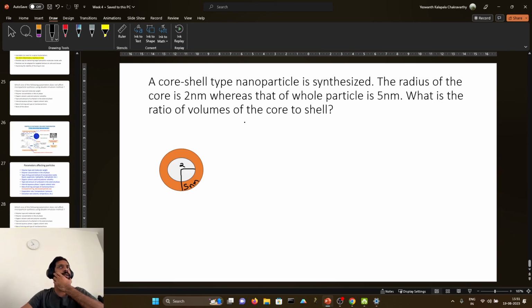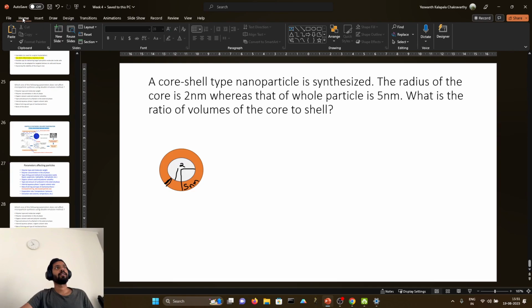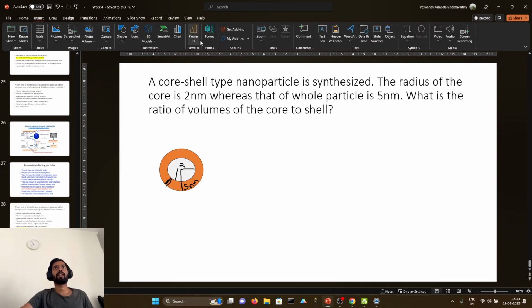What is the ratio of volumes of core to shell? So they're asking for the ratio of volume of core to shell. Shell is basically this, not the entire particle, only the shell. So this ratio to this ratio is what they're asking. The way we solve this is, we know the volume of a sphere is 4/3 πr³, right?